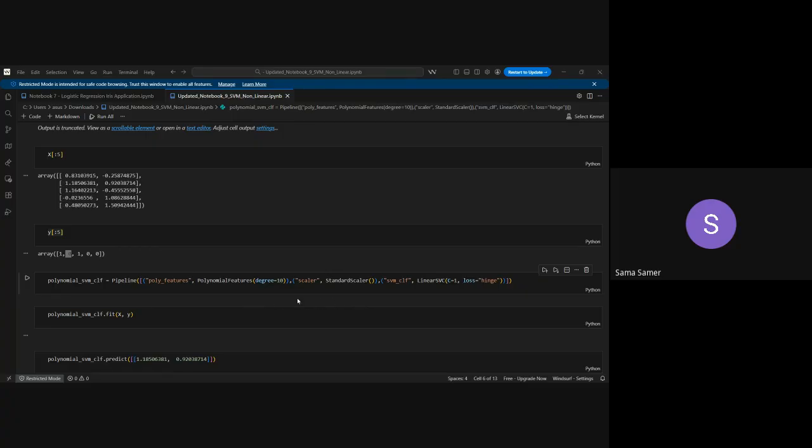But this is used for small features and small data sets. So what does it do? It creates polynomial features, scales the data and trains SVM. The pipeline does it sequentially and safely. You don't need to do anything.